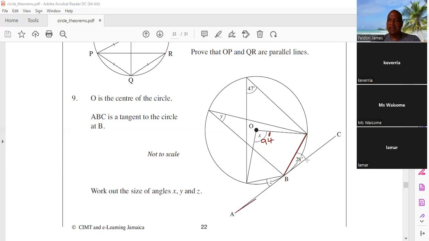All right. So if you look carefully, you will see the theorem stand out if you know what you're looking for.